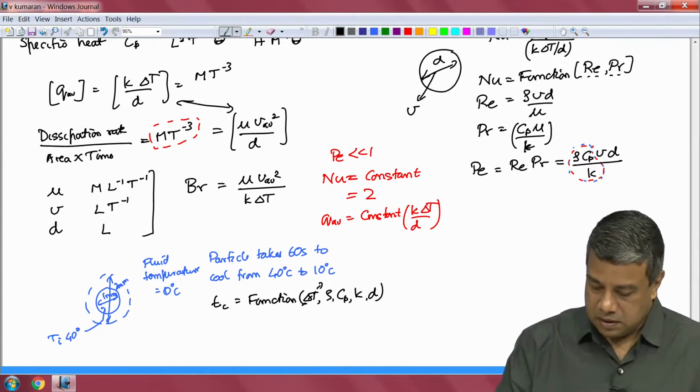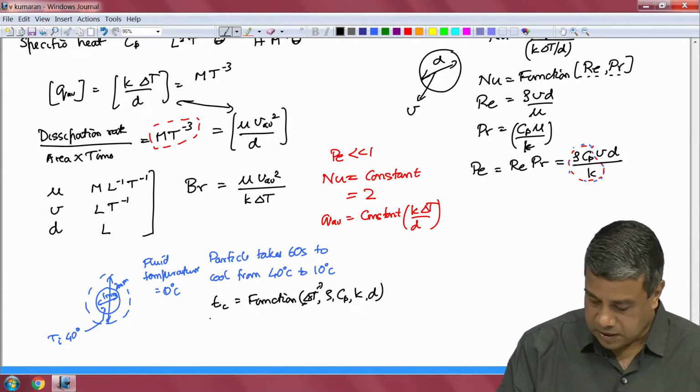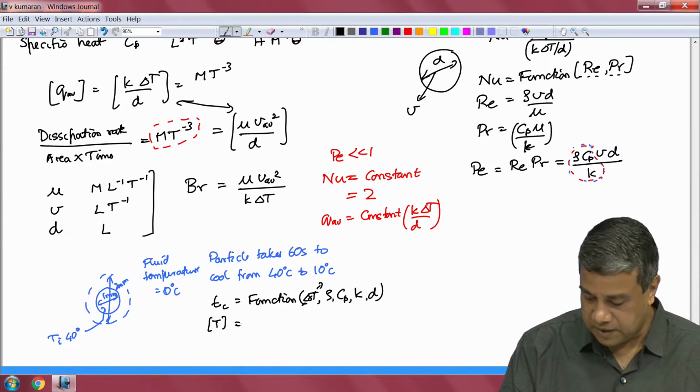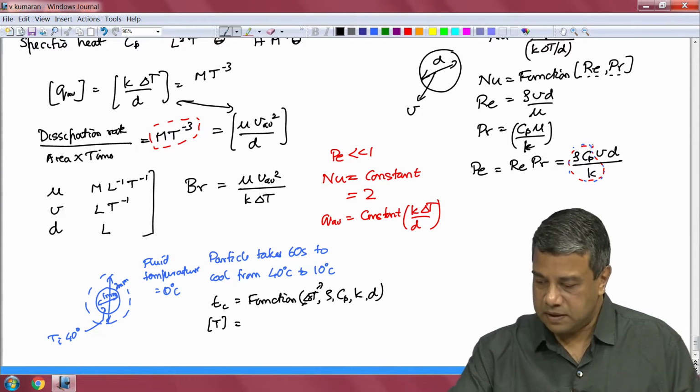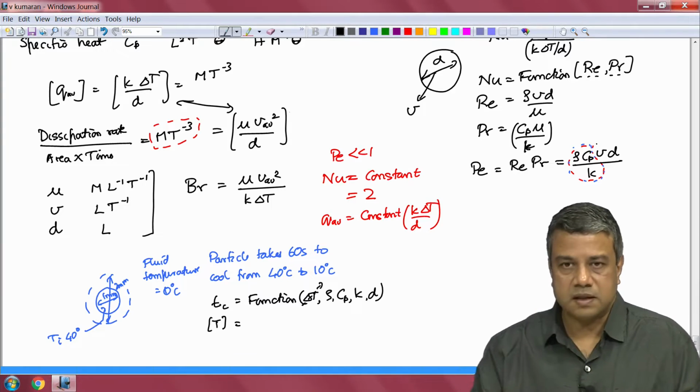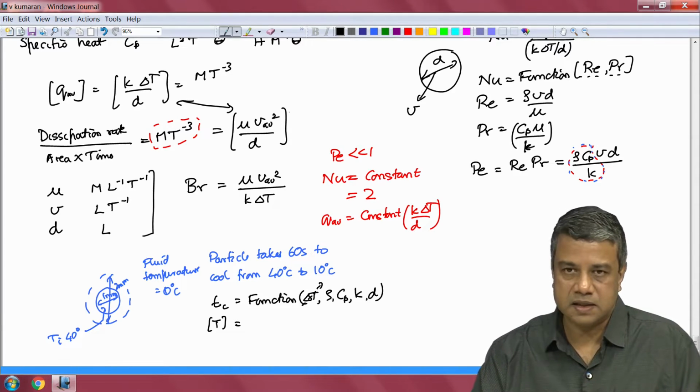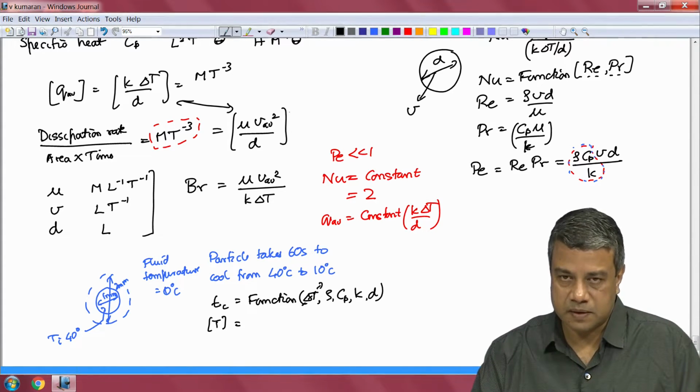So, we need to get a quantity with dimension of time from these parameters. We just found out that this combination, rho Cp by k, has dimensions of length square per time.